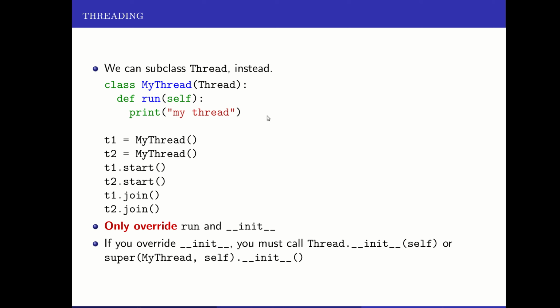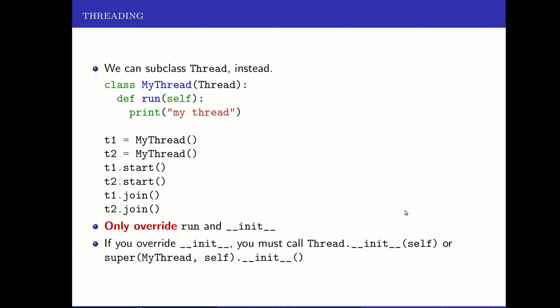The thing you have to be careful of if you are overriding init is that you also have to call the Thread constructor, the Thread init, inside of there, or otherwise some of the basic thread stuff does not get set up properly.